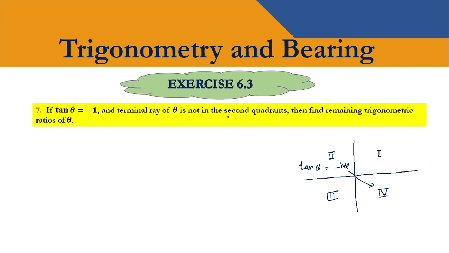So if the terminal ray is not in the second quadrant, then it should be in the fourth quadrant, where x is positive and y is negative. So keep in mind that the value of y is negative and the value of x is positive, and tan theta in the unit circle is equal to y divided by x.